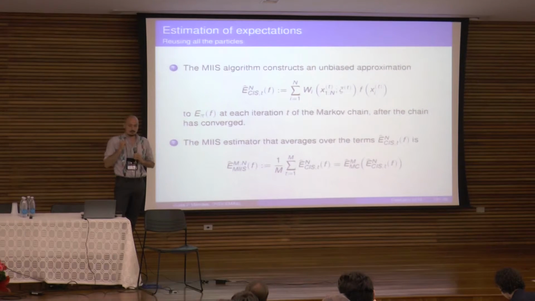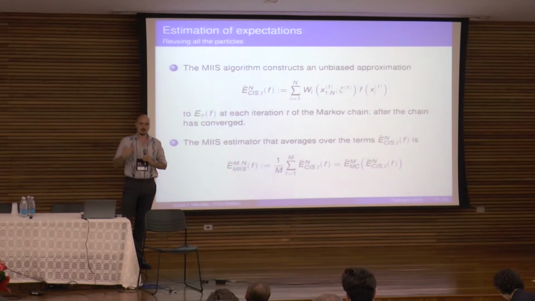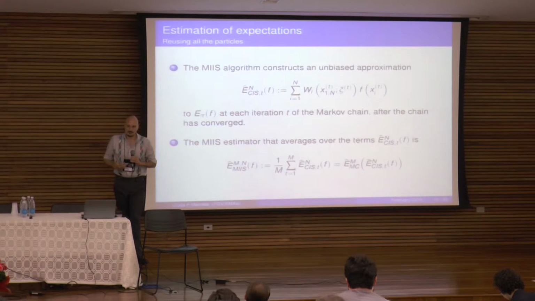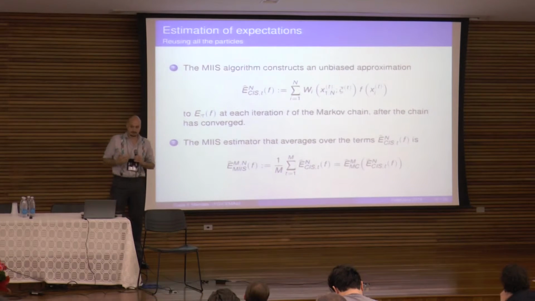I also said that we are wasting computational cost calculating the proposals, the approximations. Well, that's not really true. As I said, we can reuse them, and it means that we can use all the particles generated by the system to calculate moments. By doing that, we can improve our approximation.